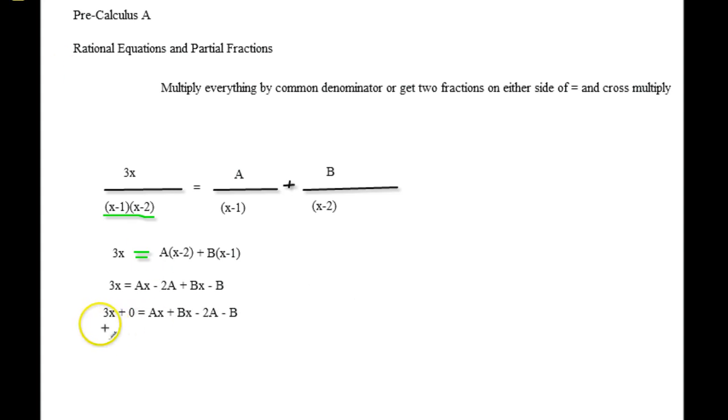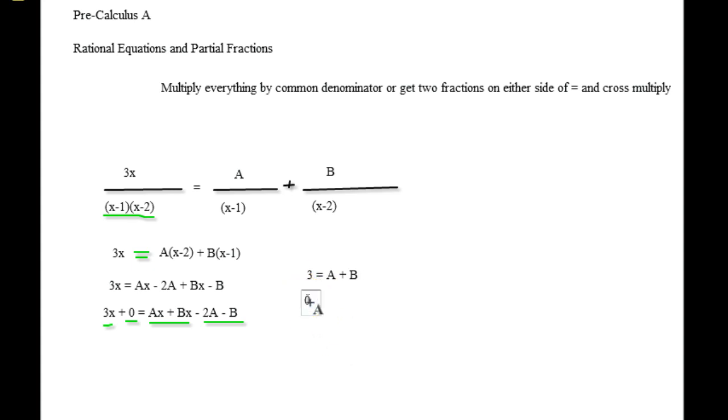Now if you notice, everything that has an x, we're going to set equal, and everything that doesn't have an x, we're going to set equal to itself as well. This is actually the kind of cool part. We're going to make two equations. We've got 3 equals A plus B, so those have to be true.